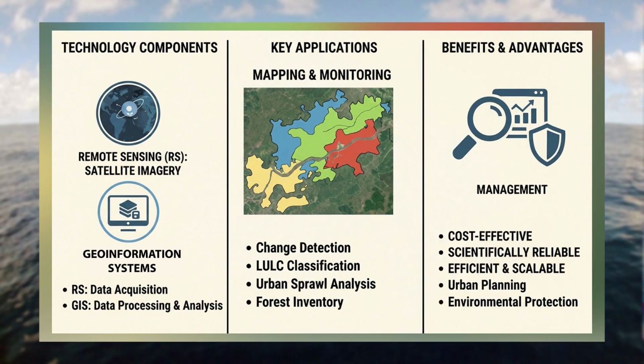So, geospatial technologies provide powerful tools for mapping, monitoring, analyzing and managing land use, land cover in a cost effective and scientifically reliable manner. Satellite data offers synoptic and repetitive coverage, while GIS enables spatial analysis and integration with socio-economic and environmental data.